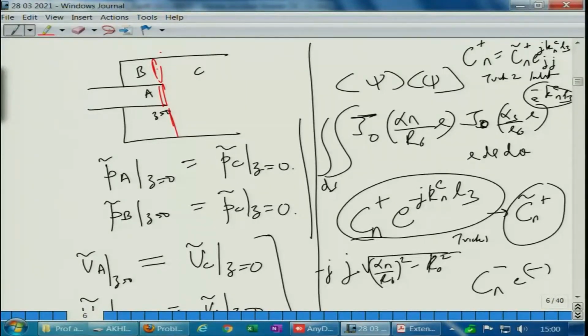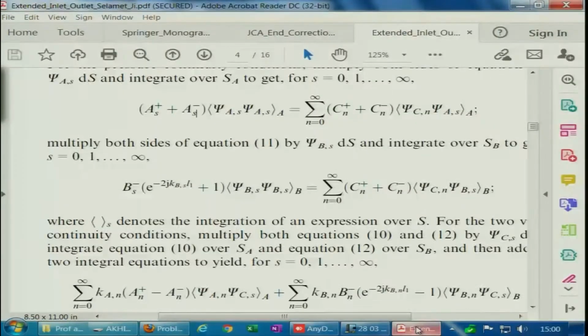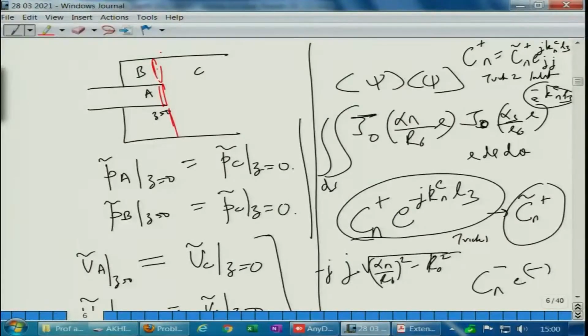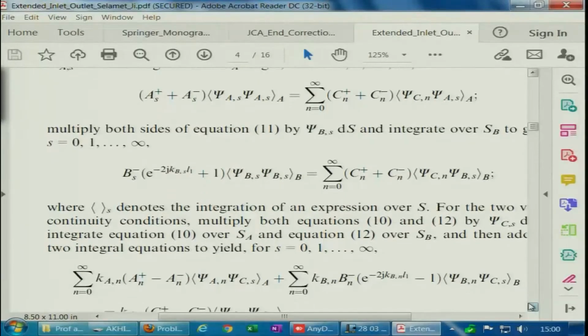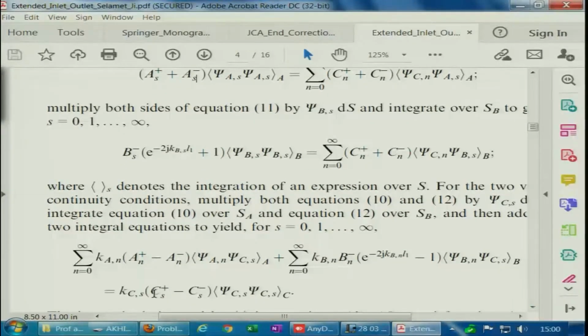So, Cn plus is an exponentially decaying thing, and so basically what we need to do really is that in here, in this term Cn plus, we will substitute Cn tilde plus into e to the power j k n Lc3. This we will do for the pressure equation here, this condition here, as well as the velocity condition in this equation here. So, with this we are good to go.